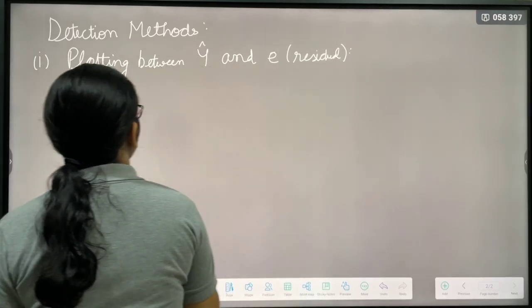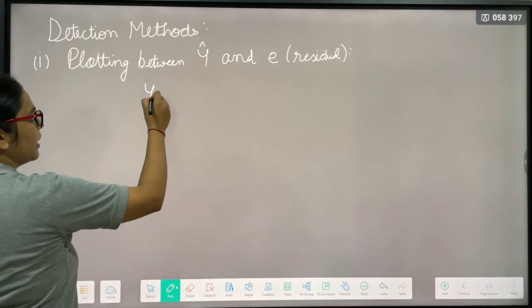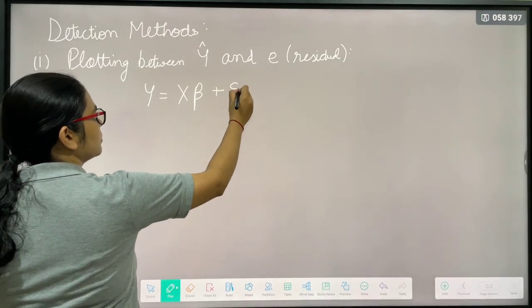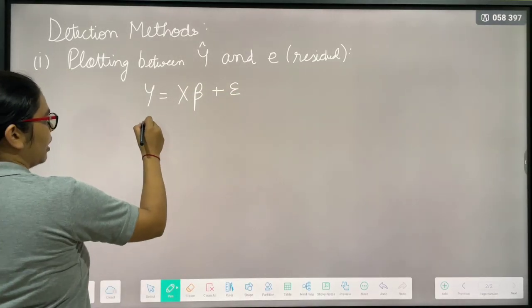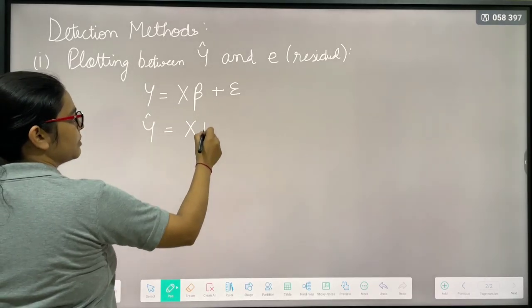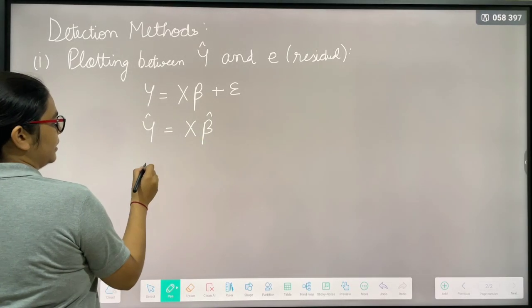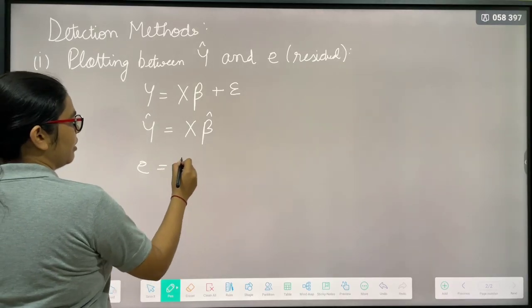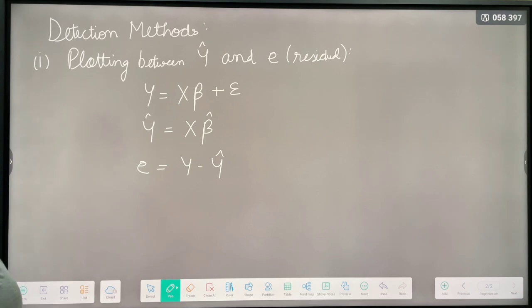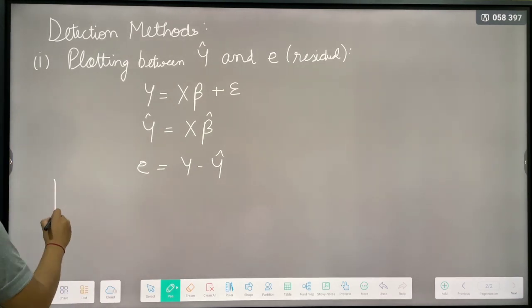Now, if we have been given a model y equals X beta plus epsilon, and if we calculate the predicted value of y, it comes out to be X beta cap. So we know that the residual is nothing but y minus y cap. So we have to plot against these things.